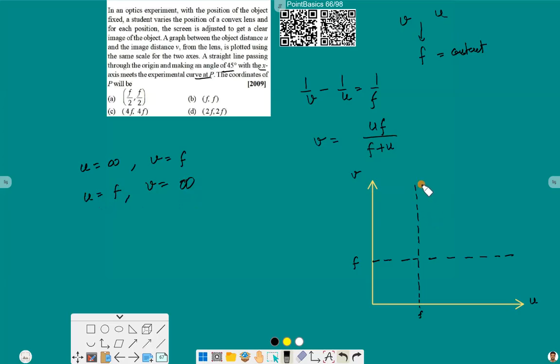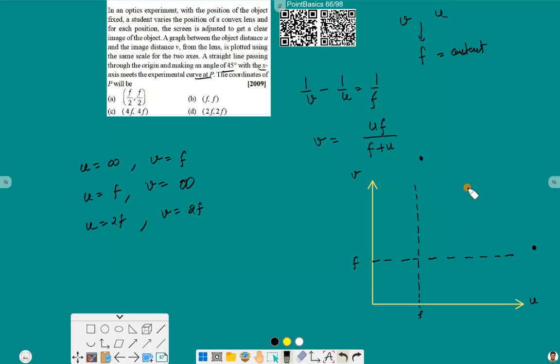So when v is infinite, then u is almost f, and when u is infinite, v is almost f. And we have another point also, that for a lens, when u is equal to 2f, then v is also equal to 2f.